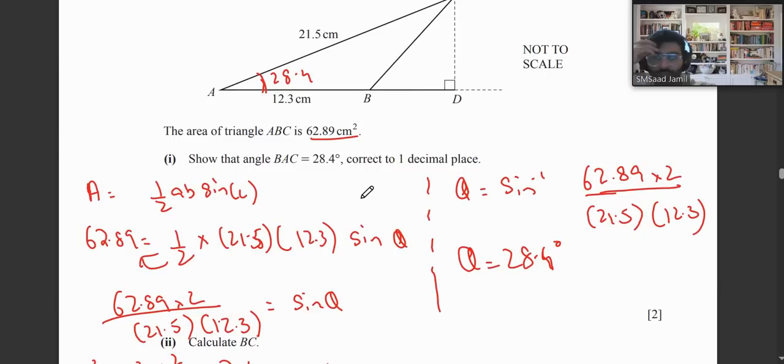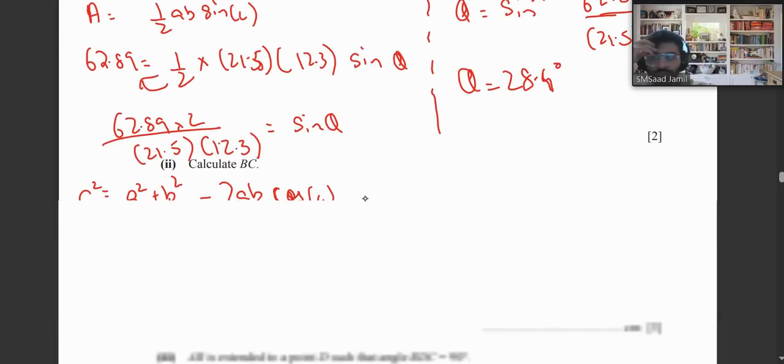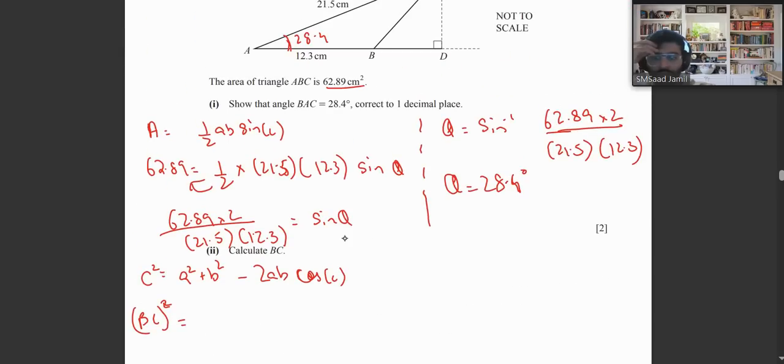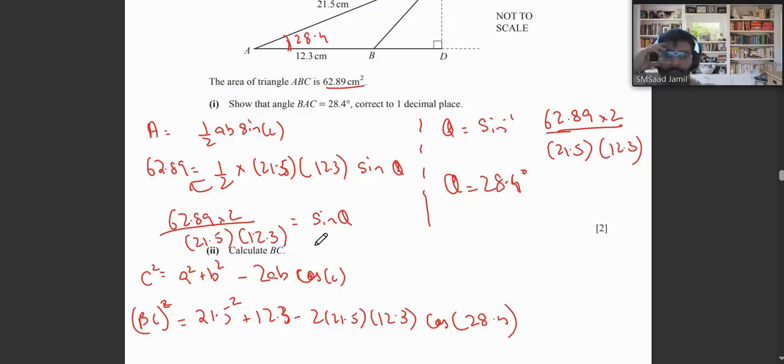a square. A square is 21.5. 21.5 square plus 12.3 square minus 2 multiplied by 21.5 multiplied by 12.3. My 3 looks like a 4. Cos 28.4. Okay.